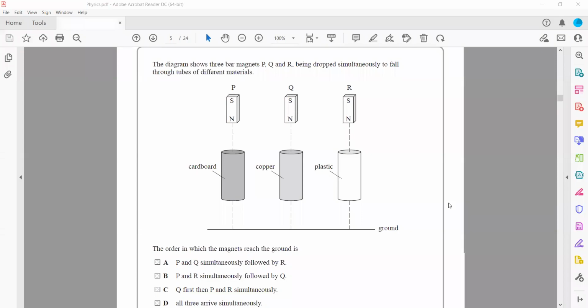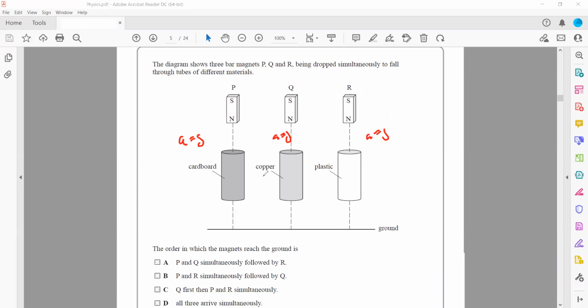So in this question, the diagram shows three bar magnets, P, Q, and R. We drop them simultaneously and they fall through. As they move, they have acceleration due to gravity, and as they're moving, their speed will change. As a result, when the speed is changing, there is a change in magnetic field, and due to the change in magnetic field, there will be an induced EMF.